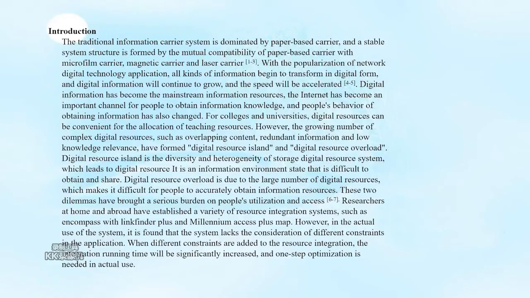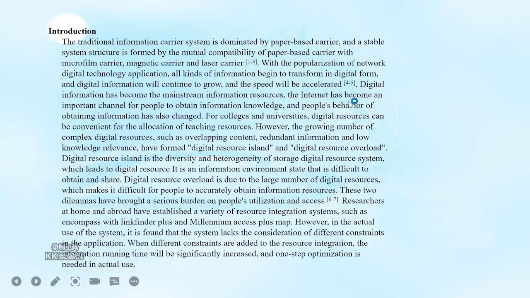With the popularization of network digital technology application, all kinds of information began to transform in digital form, and digital information will continue to grow, and the speed will accelerate. Digital information has become the mainstream information resource.